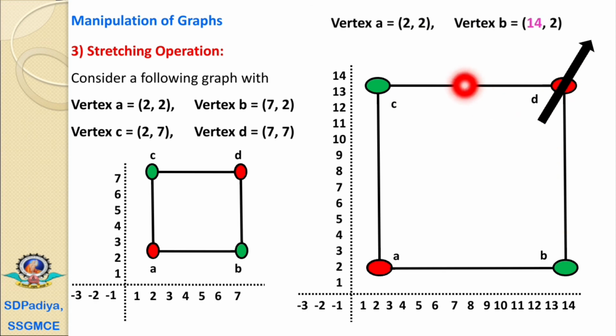Therefore, the vertex A has the coordinates 2, 2, vertex B is now 14, 2. For B, the value of the x coordinate is changed. For the vertex C, the value of the y coordinate is changed. Now it is 2, 14. And for the vertex D, both the coordinates x and y are changed. For D, the x coordinate is 14 and the y coordinate is also 14. It is a third type, the stretching with a diagonal.